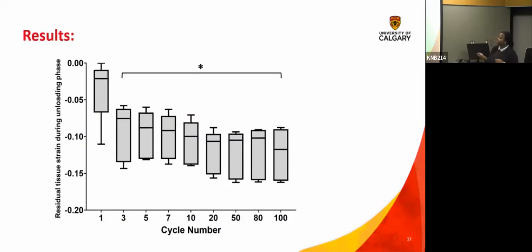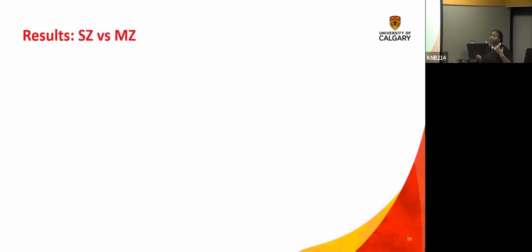As we can see from the very first cycle, we have less strain because we don't have much of a gap or space between the plate and the tissue. And over time, we see more of a compressive strain still in the tissue, even though we were at the unloading phase.